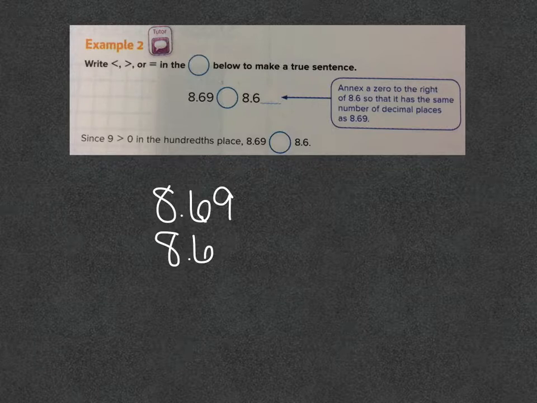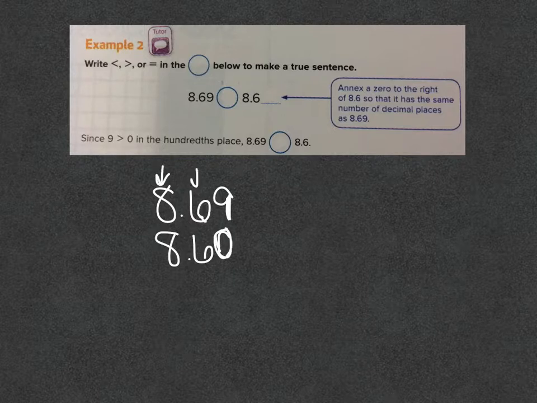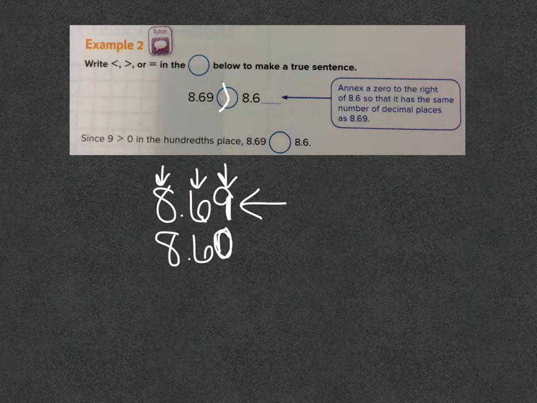What's good to do is always line up your decimal points, line up each place value, and if you have, like right here, a 9 and we don't have anything below it, put a 0. So we're going to start on the left. 8's the same, 6's are the same. The top one has a 9, the bottom one has a 0. So I know that 8 and 69 hundredths is bigger than 8 and 6 tenths. Okay, so there we go. Let's go to the next one.